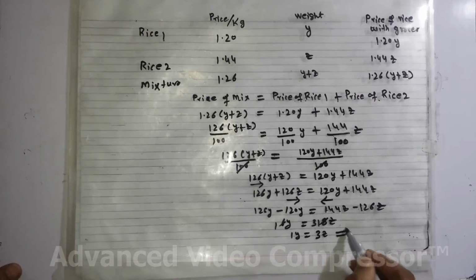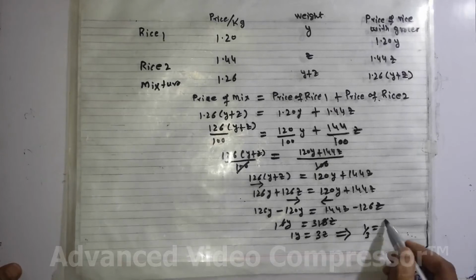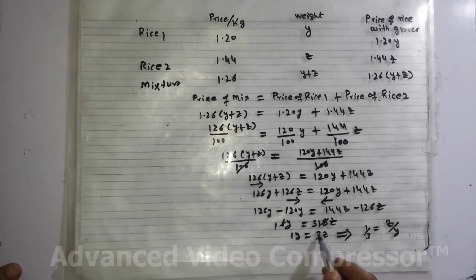From there we get 1 over 3 equal to z over y. We move this 3 under the 1 and this y under the z, because these terms are multiplying. When we shift these terms to the other side, they will divide, they will go below. The same way 3 is multiplying here with the z. When we move this 3 to the other side of the equal sign, it will be divided with 1.